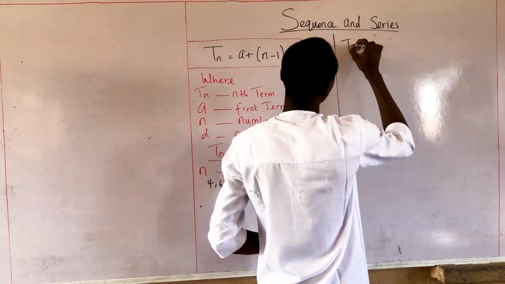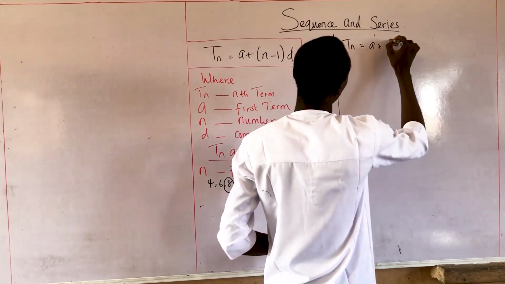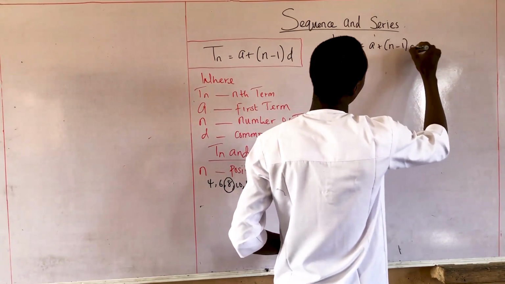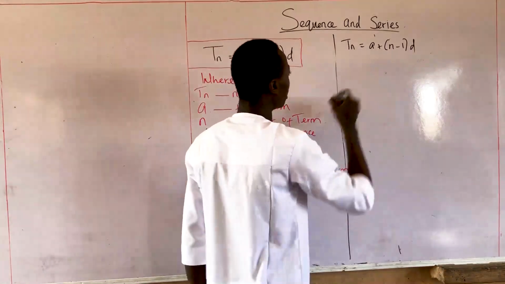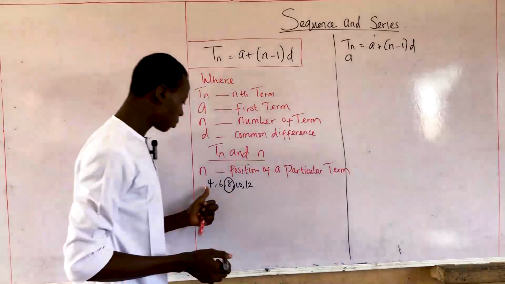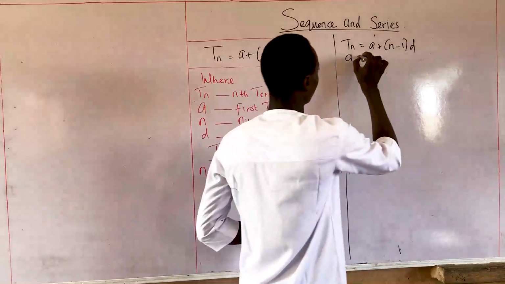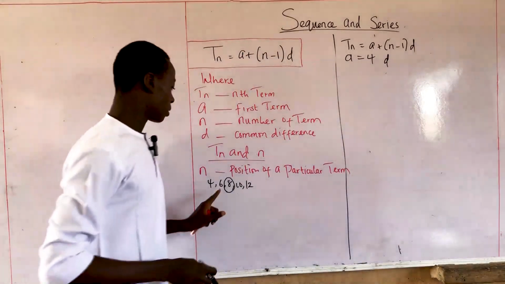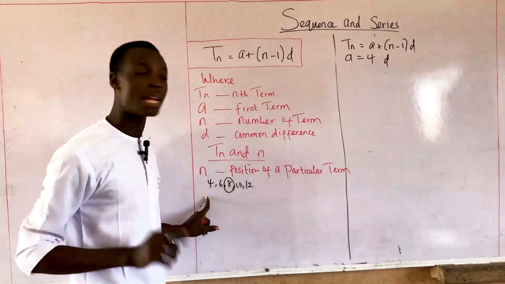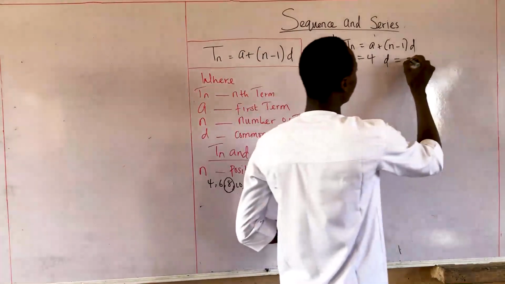Tn is equals to a plus open bracket n minus 1 close bracket d, right? So what is our first term here? Our first term is 4, right? Our common difference is what? 6 minus 4 will give us 2. Our common difference is 2.